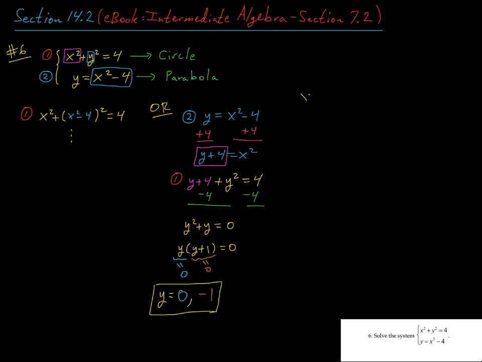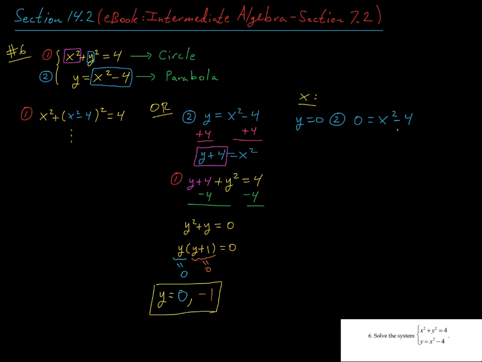All right, so now to finish, let's go ahead and solve for x over here. And I can use either equation 1 or 2. I'll go ahead and use equation 2. So if y is 0, then equation 2 says that, well, 0 on the left, because y is 0, is equal to x squared minus 4 over here on the right.